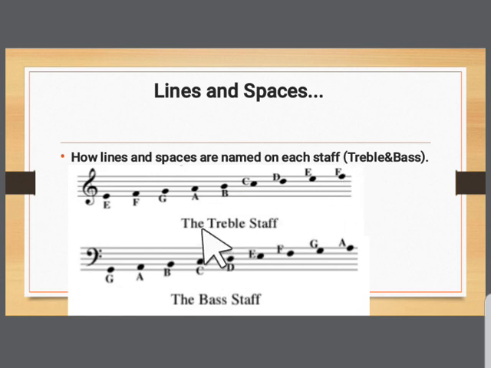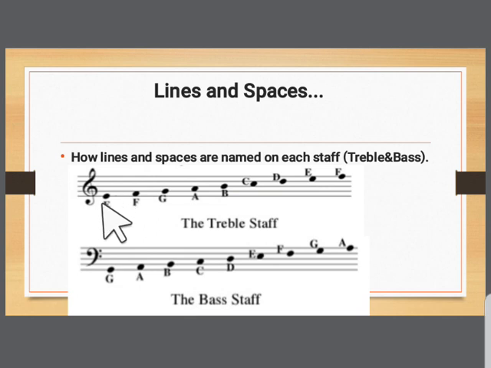Alright, so we first said the first 7 alphabets are used to name the lines and spaces. So when it gets to G, it will start over from A. The most important thing you need to do is memorize this first line.